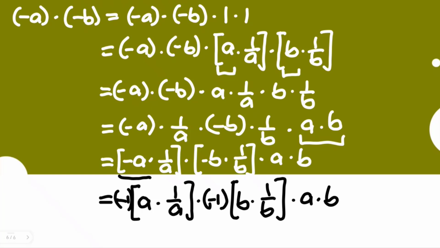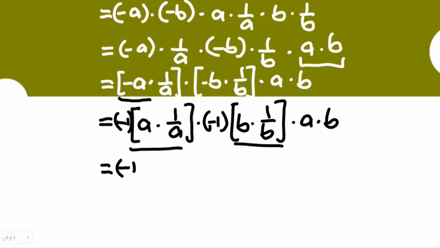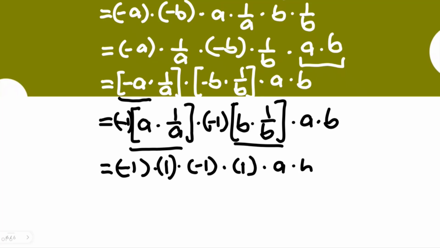We are doing this because these are just products of multiplicative inverses, and similar to what happened earlier, they will just result in 1. So you will have negative 1 times 1, times another negative 1 times another 1, let me place parentheses, times a times b.